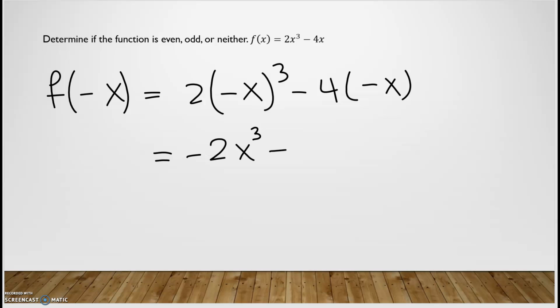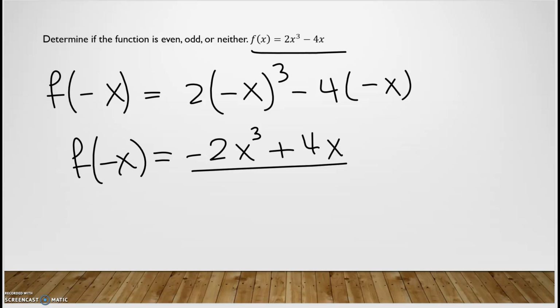Negative times a negative is a positive 4x. Now I'm going to compare these two together. This with this one. And it looks like the signs have changed, so I could write this as negative times this entire function.